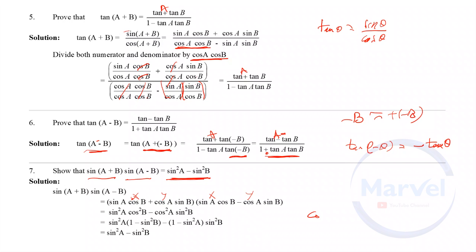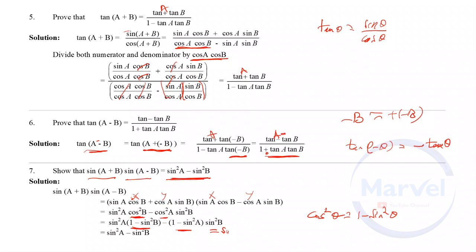How to replace cos by sine? Cos square theta equal to 1 minus sine square theta. So wherever cos square is there, replace by 1 minus sine square. Cos square b can be converted into 1 minus sine square b, and cos square a can be converted into 1 minus sine square a. Now multiply this, you have one additional step.